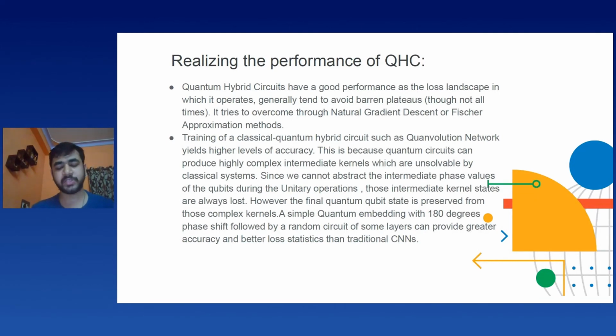Some important concepts are, whenever we are trying to optimize a cost function with the use of quantum classical hybrid circuits, it is interesting to note that in some cases the learning may get thrashed. That means it may get stagnant. This case is known as barren plateaus, a very popular concept in quantum neural networks. Barren plateaus are nothing but the change in the gradients or change in the weights, because the qubits are also trainable parameters.